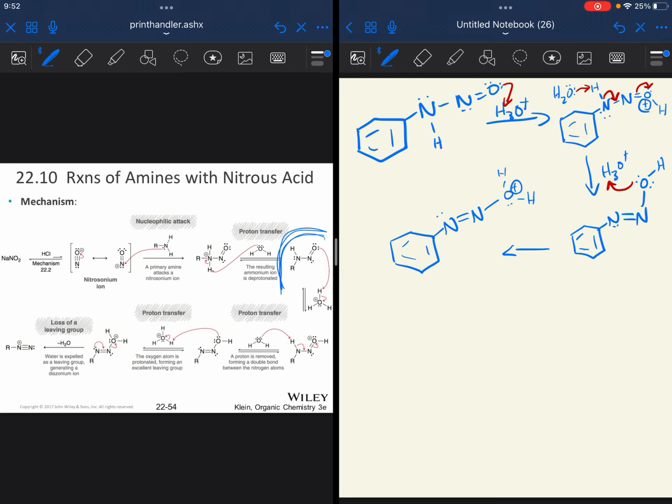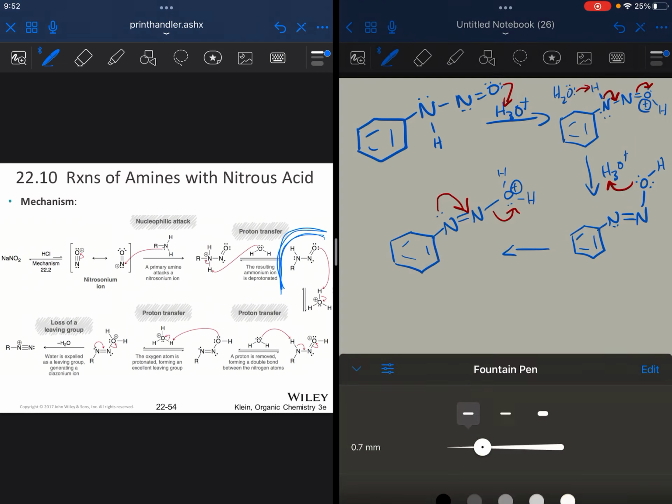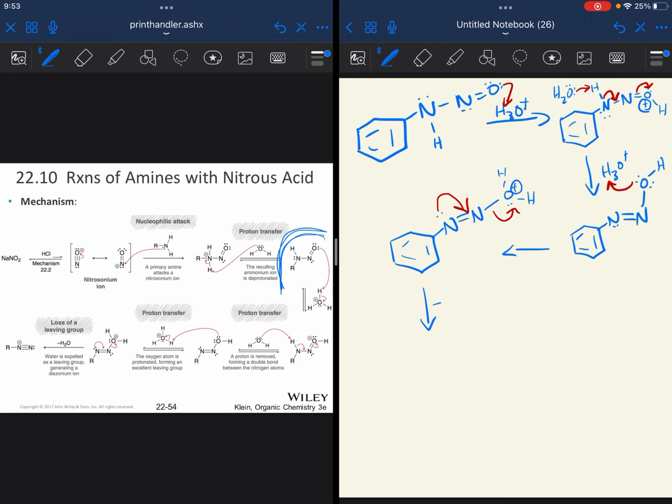And so all that needs to happen now is it just basically falls apart. We create the triple bond and lose the water. Minus water. And now we are to our diazonium salt. Right, again, there's a chloride ion floating around to balance that charge.